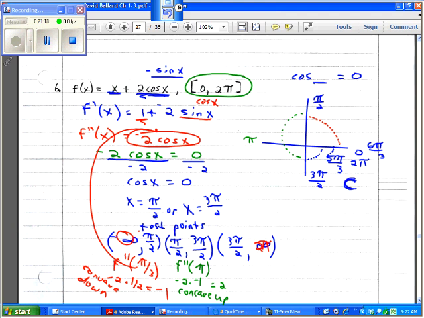So we know that the cosine of pi over 3 is a half. So we reference back to that half. It's in quadrant 4 where cosine is positive. So we have positive a half. We still have times that -2. So f double prime of 5 pi over 3 was a -2 times a +1/2, which gives me a -1. So it's concave down.